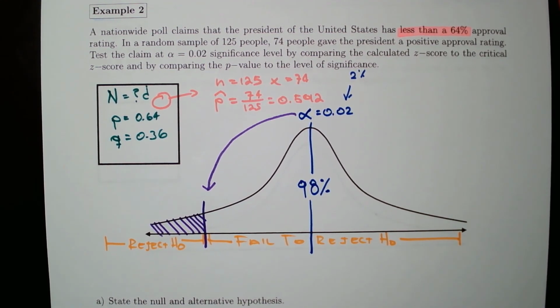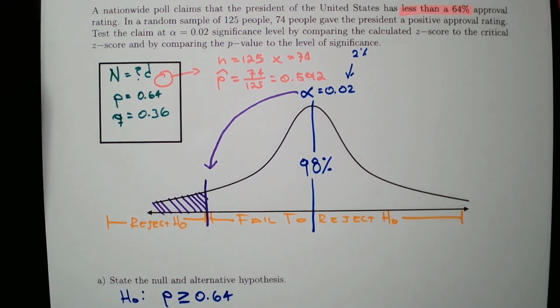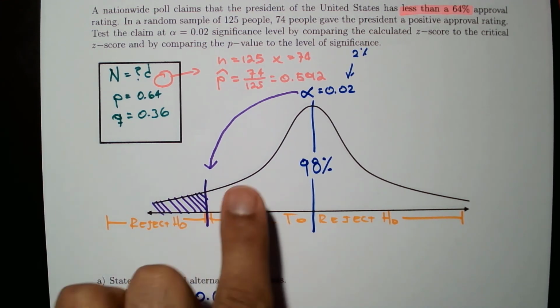Notice the wording we are using. We never say accept the null hypothesis. We say we fail to reject. We do not accept, because that's what we want to reject. It's not the same. The wording matters here. So this is the picture.